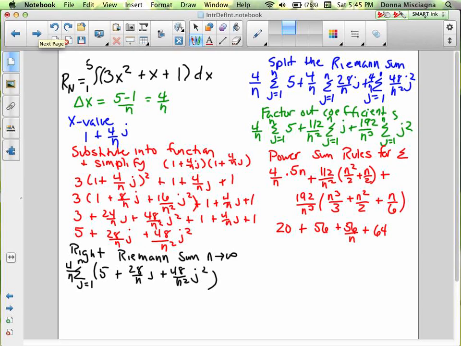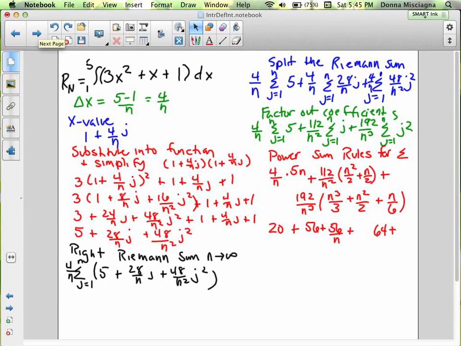Right? And then n squared over 2 times 192 over n cubed times n squared over 2. The n squared will cancel, and a 2 will cancel, but that's it. So let me see if I can just move this over just a little bit. I think I can get all 3, 4, 6 terms in here.